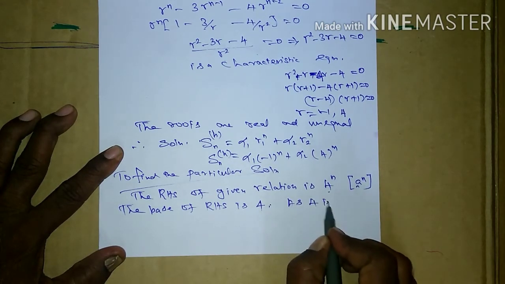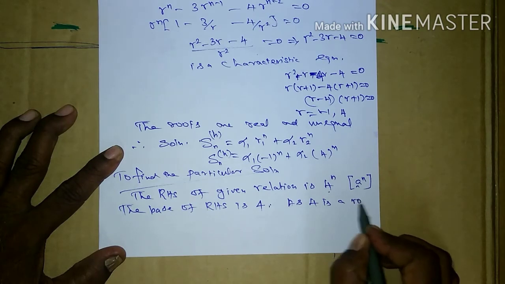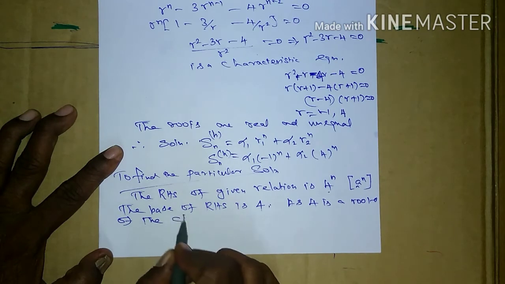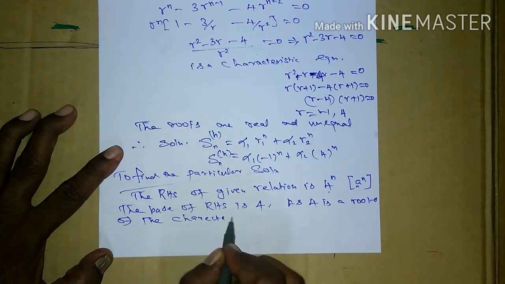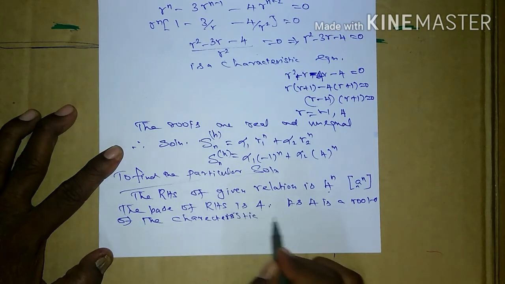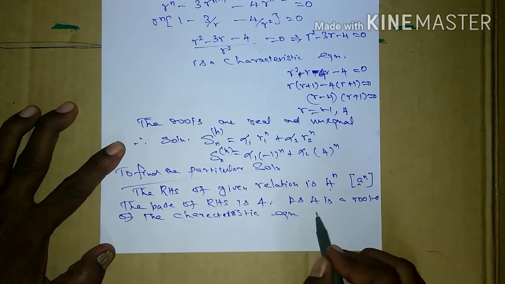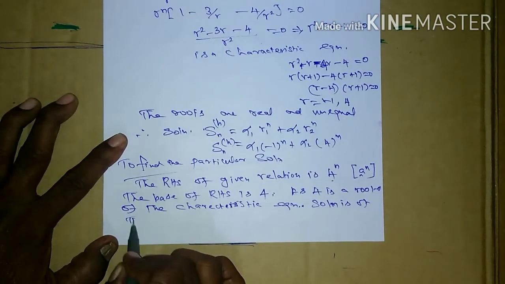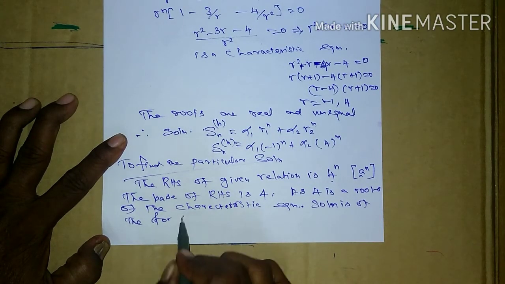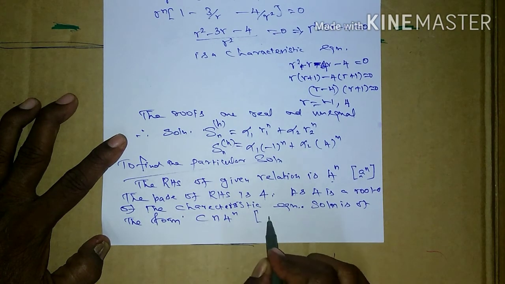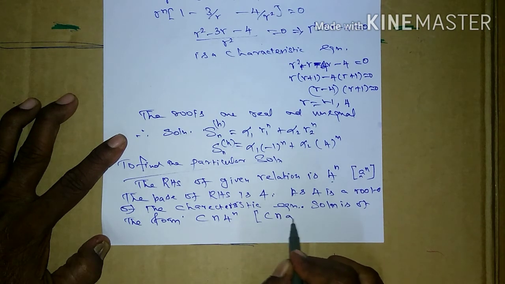As 4 is a root of the characteristic equation, the solution is of the form Cn into 4 power n, that is constant n into a power n form.